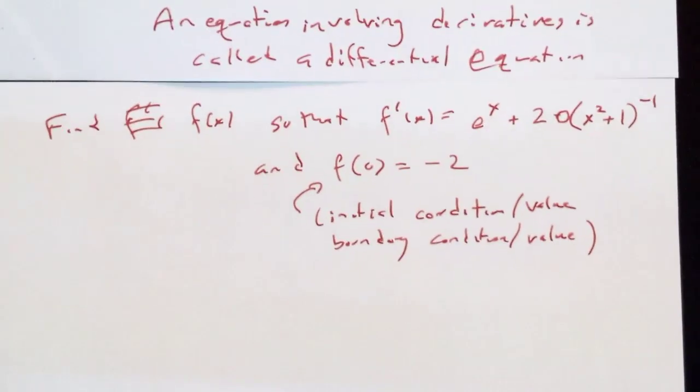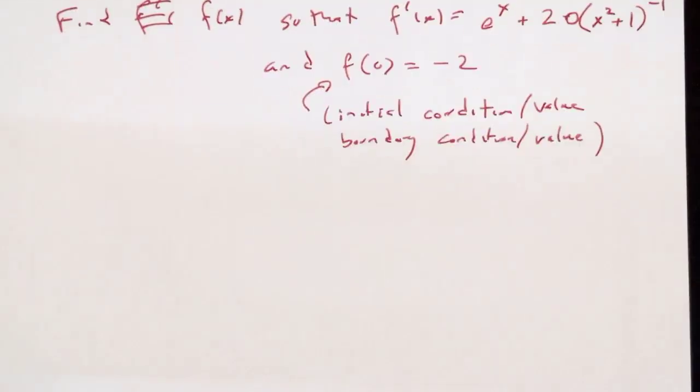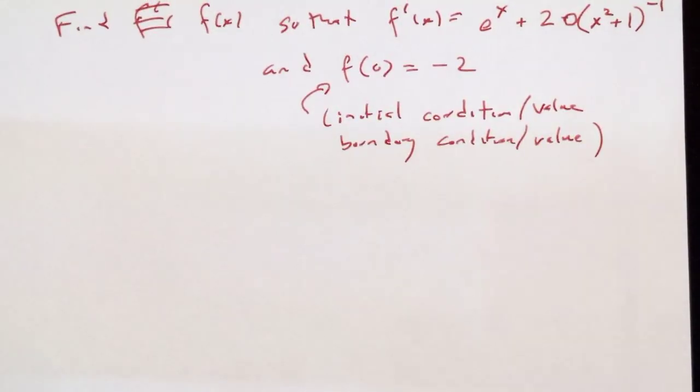And it's what's allowing us to solve for a particular solution to our differential equation rather than just a general solution. So the first thing I need to do is to figure out my general antiderivative, and then I can solve for the C value that came out of that.